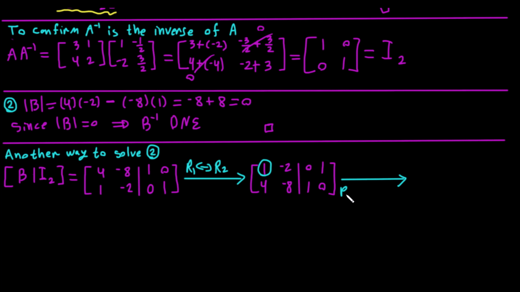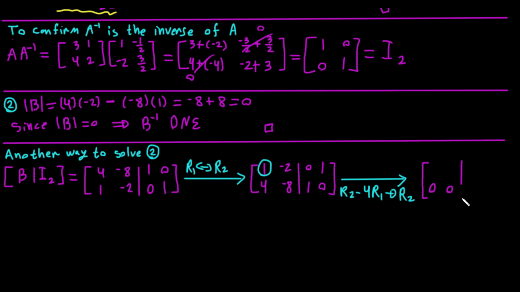Row 2 minus 4 row 1, to make this one 0. 4 minus 4 multiplied by 1, which is 4, so 4 minus 4 is 0. -8 minus 4 multiplied by -2, which is -8 plus 8, which is 0.